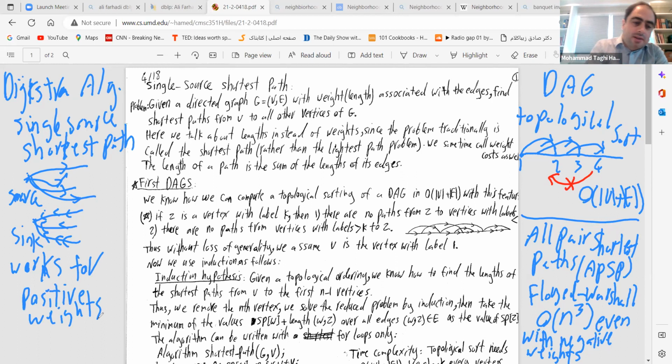We talk about another algorithm, Bellman-Ford, after this one. Maybe next session. Bellman-Ford is also a single source shortest path algorithm that works also for negative weights.